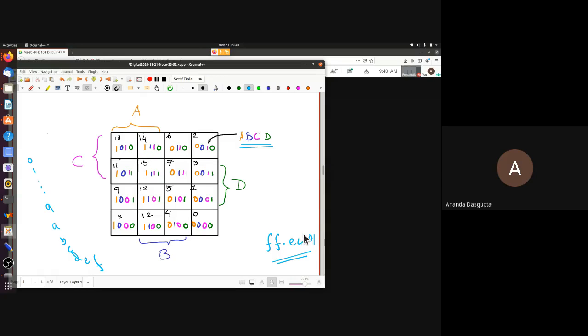Or the MAC ID of your phone. These are actually numbers in the hexadecimal system. The reason why you use the hexadecimal system is that 16 being a power of 2, it's very easy to convert between hex and binary. Well, there are other reasons, but that roughly is one of the ways of identifying these cells.